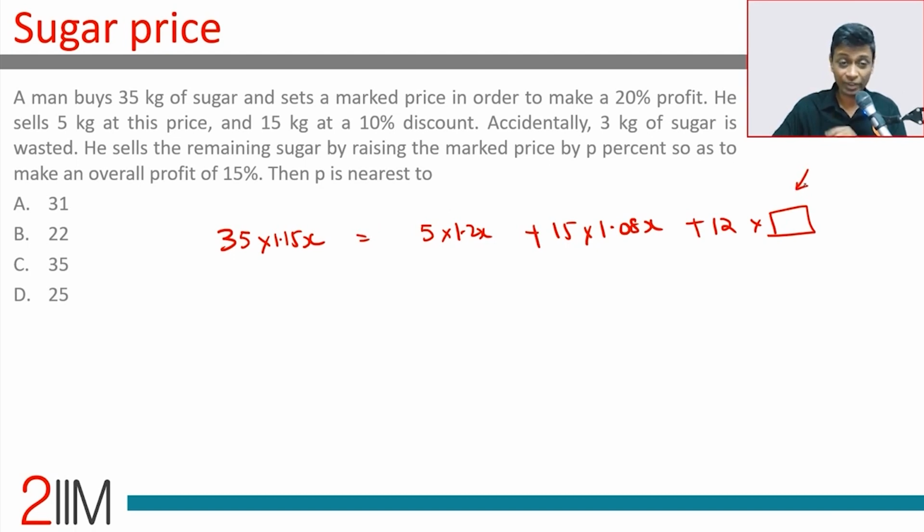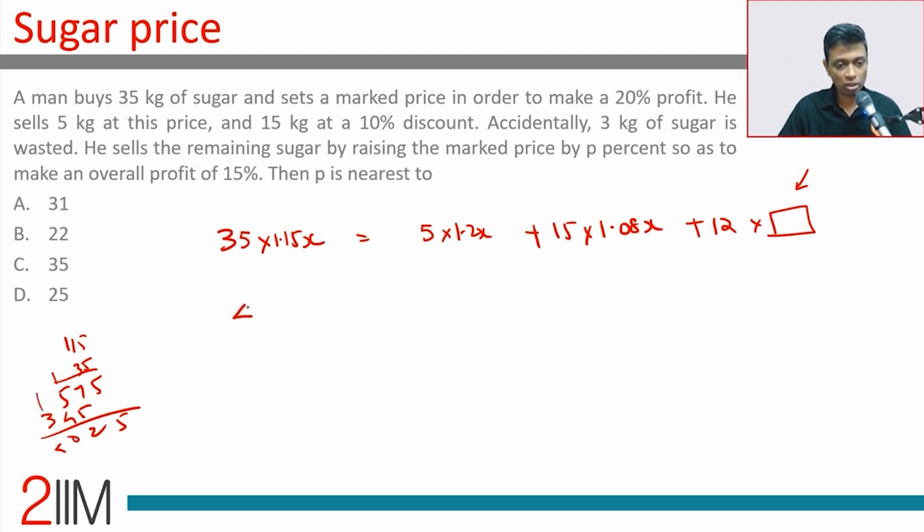Lovely. Again, we don't have a calculator, so I'm going to do the brute force thing. 115 into 35. 5 5 is 25, 5 2, 75, 575, 345, 5, 12 to 110, 0, 1.